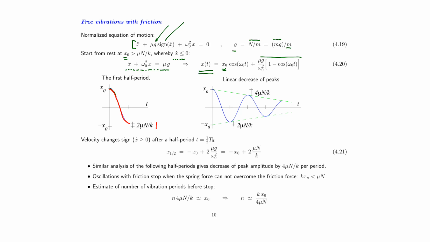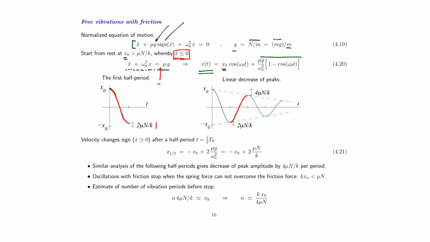Now, if we continue, for the next part velocity will not be negative, but positive. That means we solve the same equation 420, just with a minus in front of the inhomogeneous term, and we get the same solution in the opposite direction, with again the same reduction in amplitude.